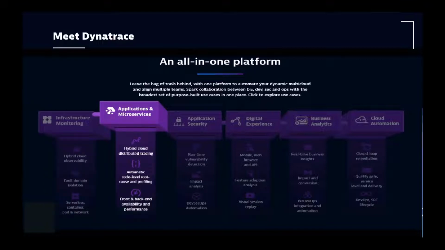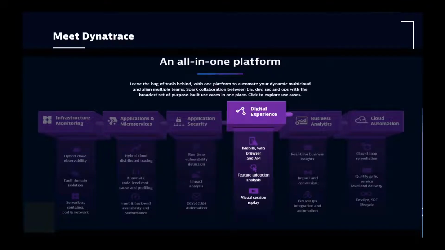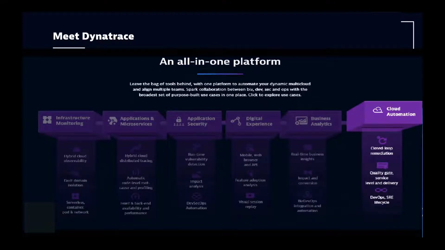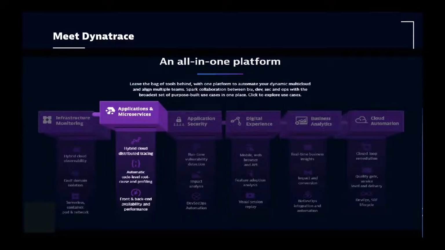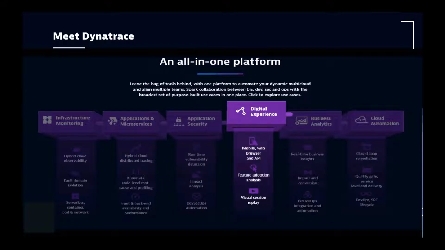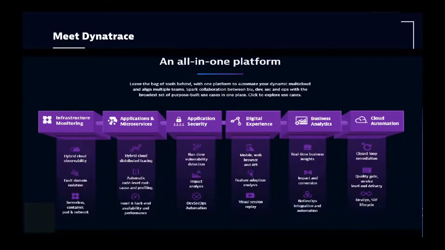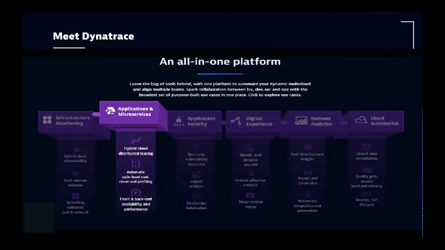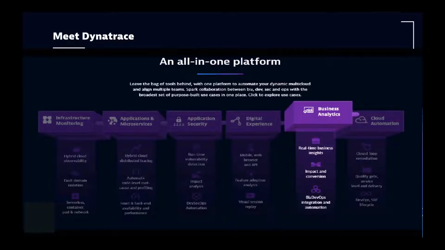Our all-in-one platform has automation and intelligence at its core, and it covers all of the disciplines of observability, including our infrastructure monitoring module that provides complete hybrid cloud visibility across the enterprise, our application and microservices module that helps deliver our best-in-class full-stack APM with distributed tracing and code-level details, our digital experience, or DEM, which is critical for assuring performance and availability of high-profile customer-facing applications.